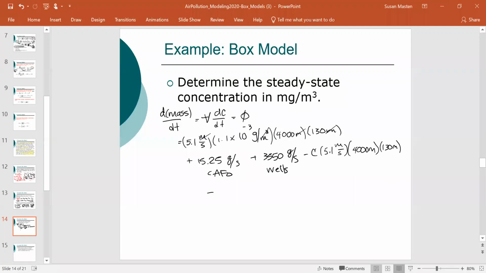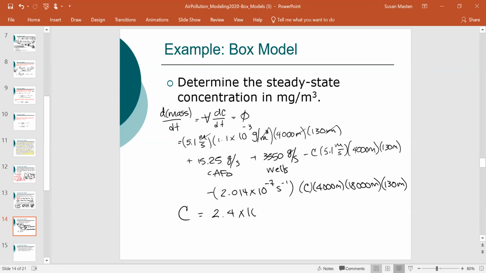And then lastly, minus 2.014 times 10 to the minus 7 inverse seconds times C times 4,000 meters times 1,800 meters times 130 meters. And I can solve for C, and C is equal to 2.4 times 10 to the minus 3 grams per meter cubed, or 2.4 milligrams per meter cubed.